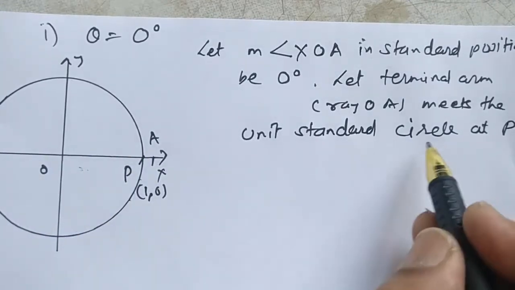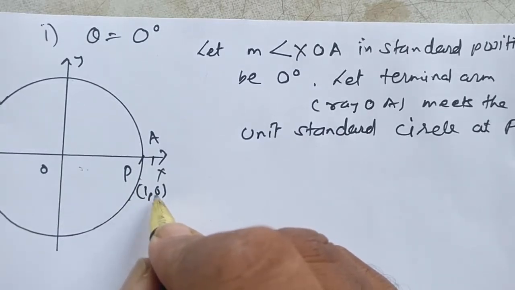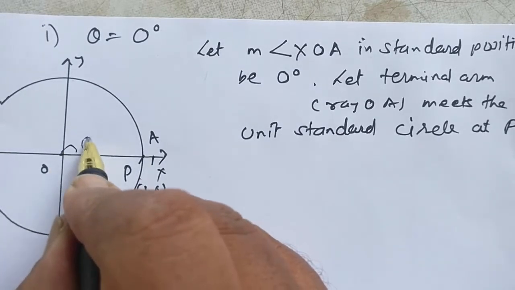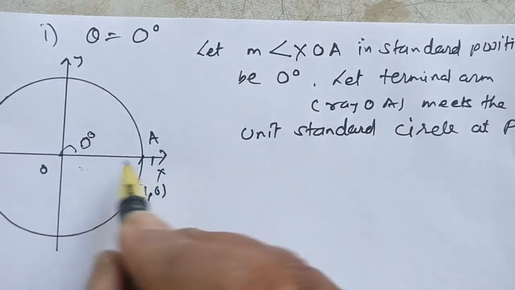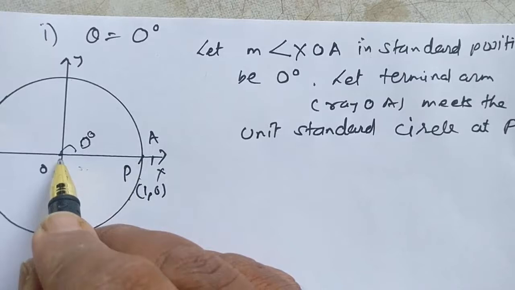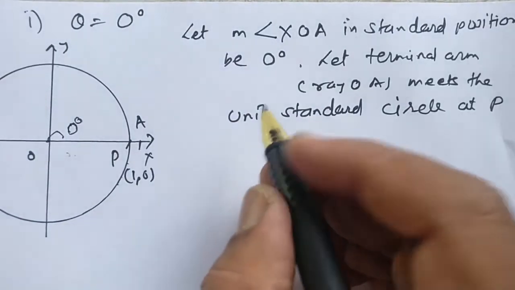It is called unit standard circle. Therefore, the coordinate of P is 1, 0. So this angle is 0 degree, and the initial ray and terminal ray are coinciding and they are in the same direction.